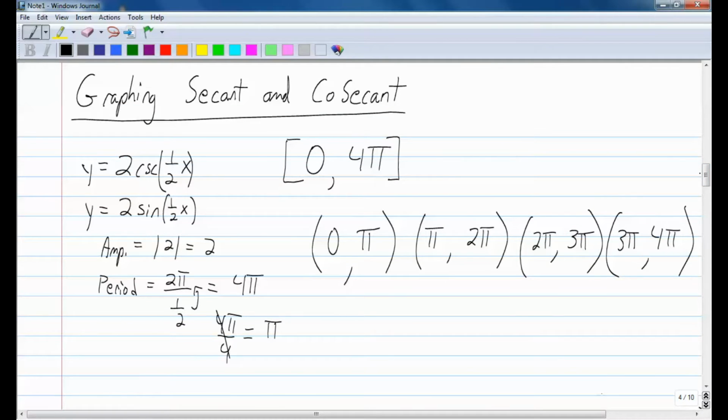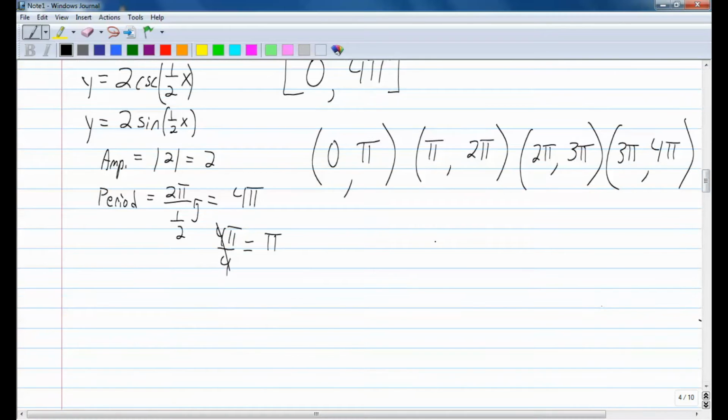the sine function. So I'm going to give you a rough sketch right here. Our amplitude was 2. That means I'm going to have a high point of 2 and a low point of -2.